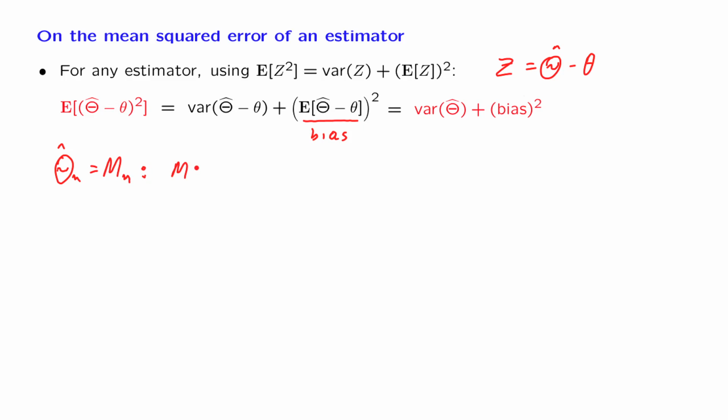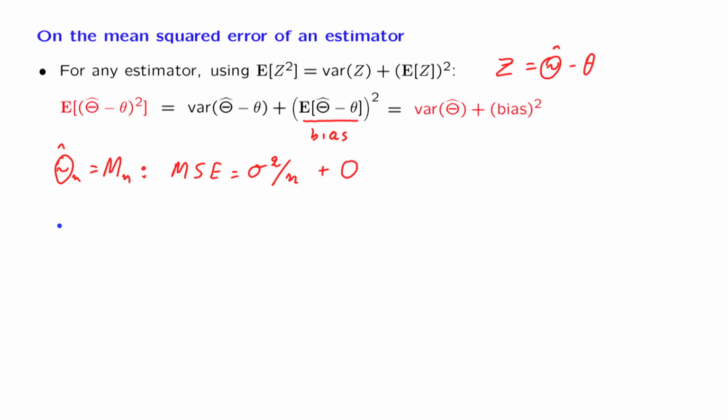In this case, the mean squared error is the variance, which we know to be sigma squared over n, plus the bias term. But we know that the sample mean is unbiased. The expected value of the sample mean is equal to the unknown mean, and so the bias contribution is equal to 0.